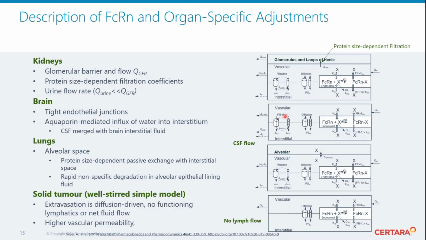In the case of brain, we have the same typical organ structure, but in addition to just paracellular, very limited liquid flow, we also have aquaporins. So there are water channels, water pores, and fairly vigorous turnover in the interstitial space in brain, maybe 3, 4, 6 hours.